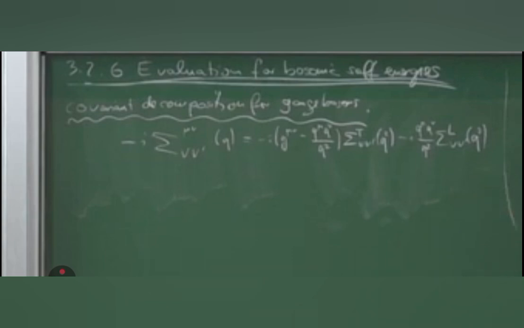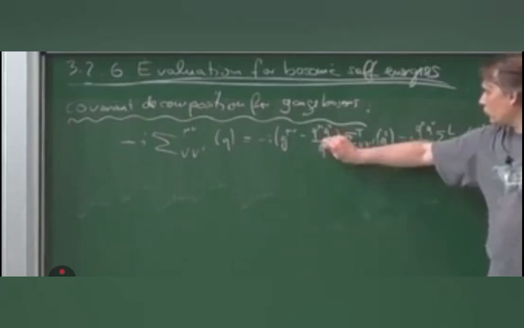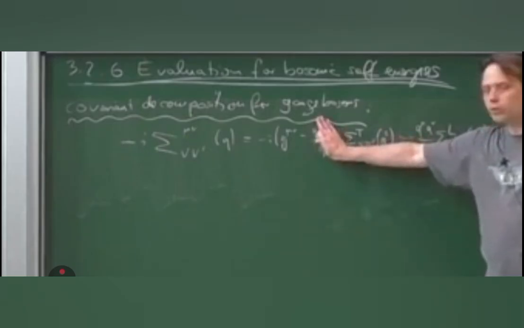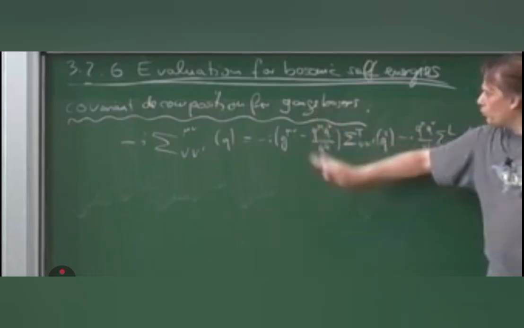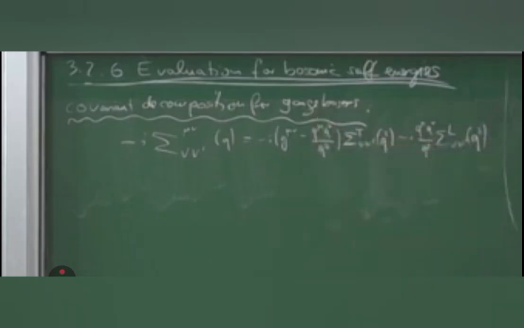So here it is different. There exists a longitudinal part. We know it from tree level already because the Z and the W have such a longitudinal part, and that is retained also at higher orders. And therefore, there will be terms which just go like g mu nu without any q square prefactor. They correspond to mass terms in the self-energies.